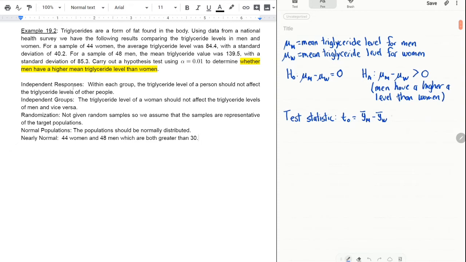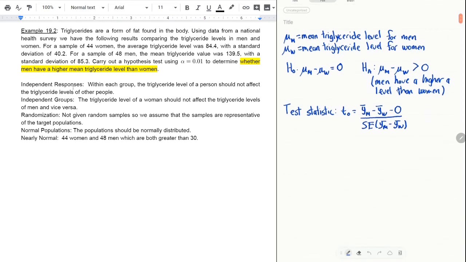We subtract the hypothesized difference, which is the value in the null hypothesis, equal to 0. So we subtract 0, and then we divide by the standard error.